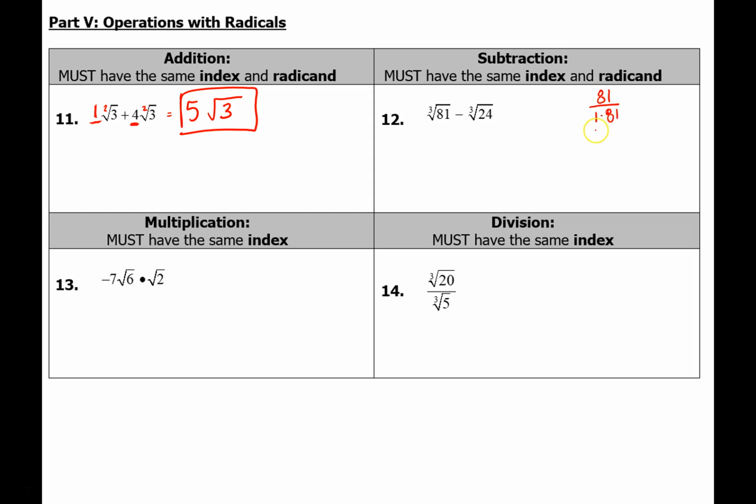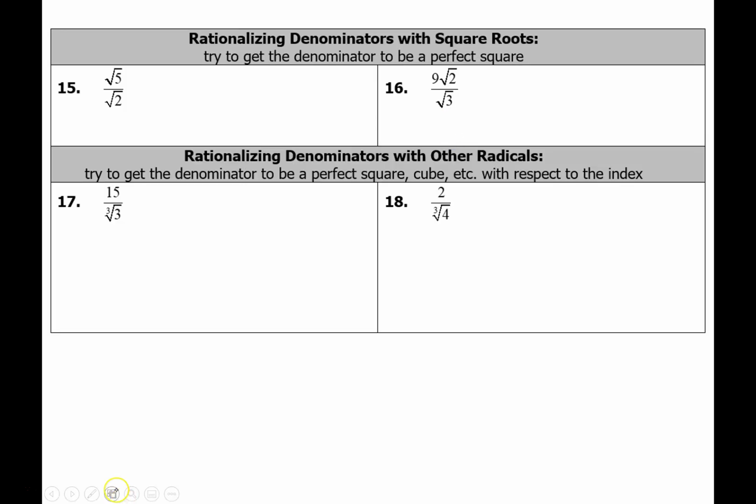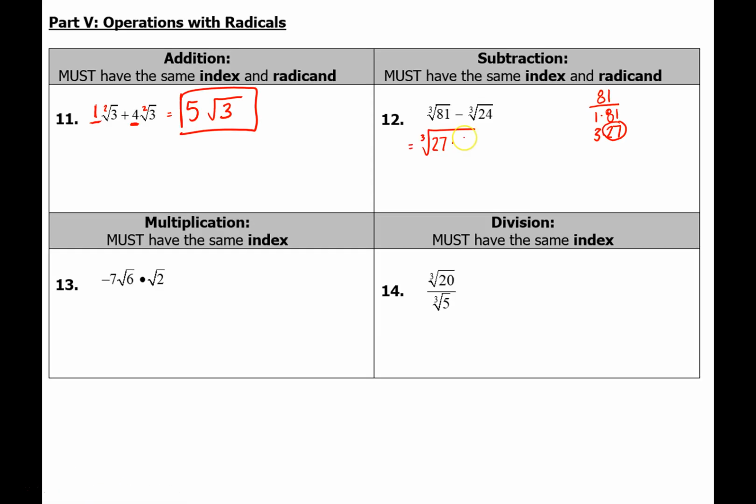So 1 times 81, 2 doesn't go into 81, but 3 times 27 does, and 27 is a perfect number. So I'm going to write this as the cube root of 27 times 3. Then I'm going to put a little tail there to make sure that it doesn't look like I'm in my radical, and I'm also going to do the cube root of 24.